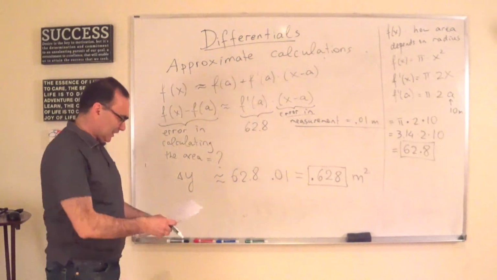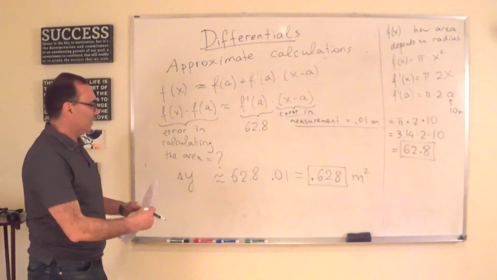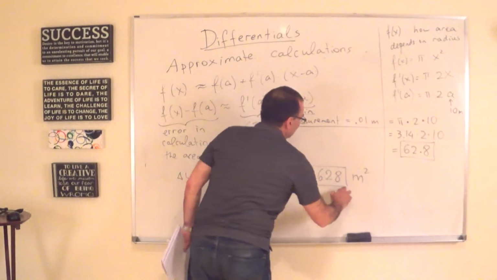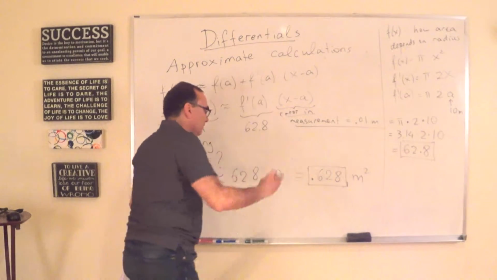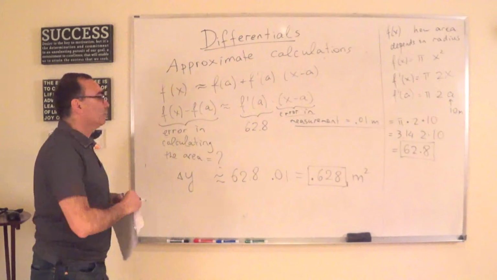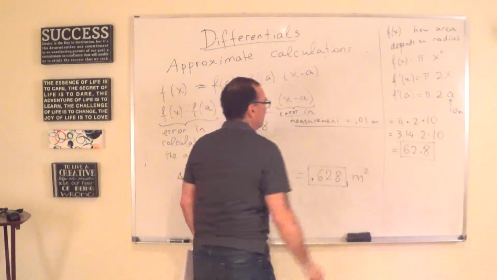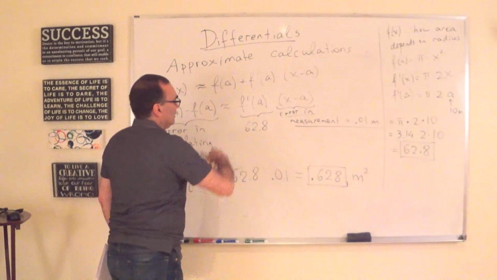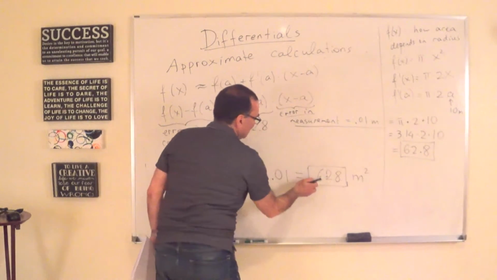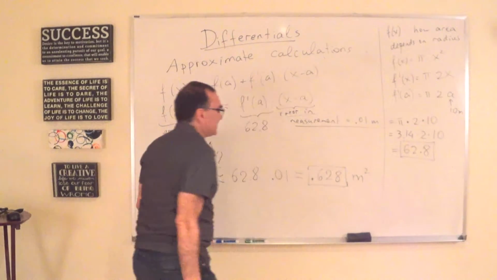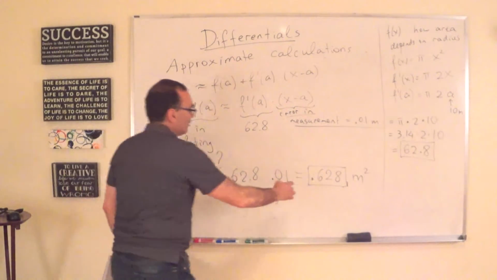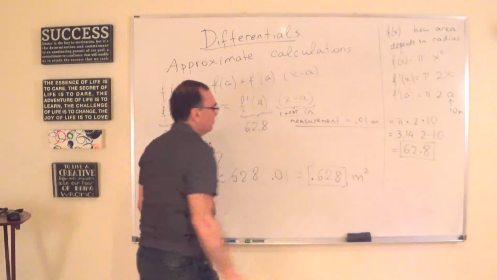Actually, it's not that large. When you look at the absolute value of the number, it does look large, like 1 centimeter error in measuring the radius gives you almost a full square meter of error in calculating the area.